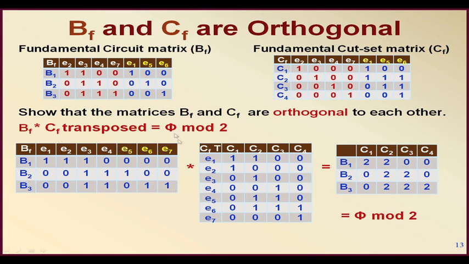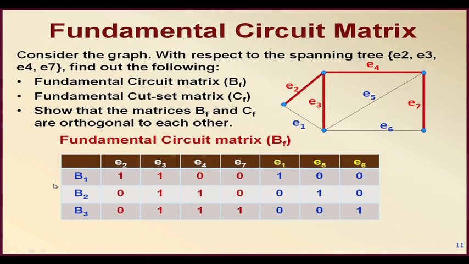Just look only at this part, this is the fundamental circuit matrix BF, and after rearranging we put E1 100, E2 100, E3 111, and so on. So that becomes our fundamental circuit matrix, right. So you understood how to make a fundamental circuit matrix.